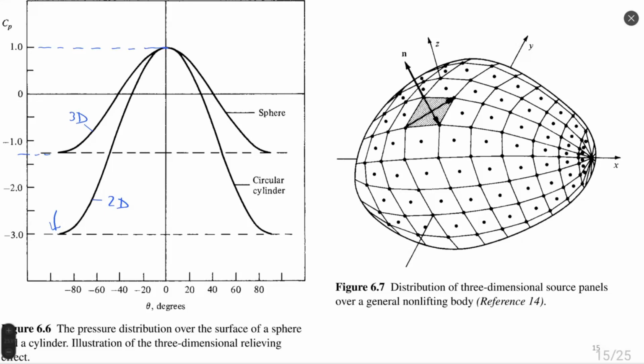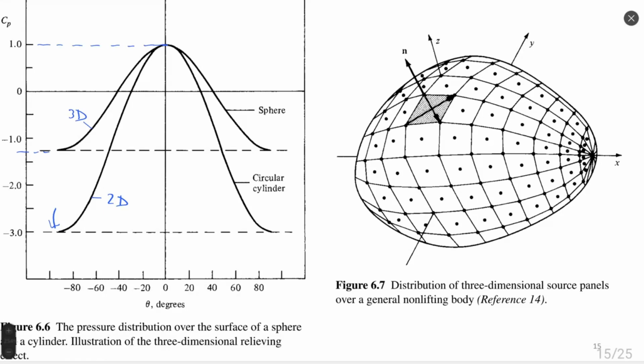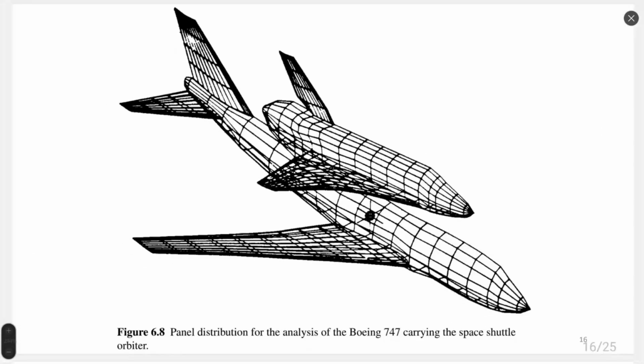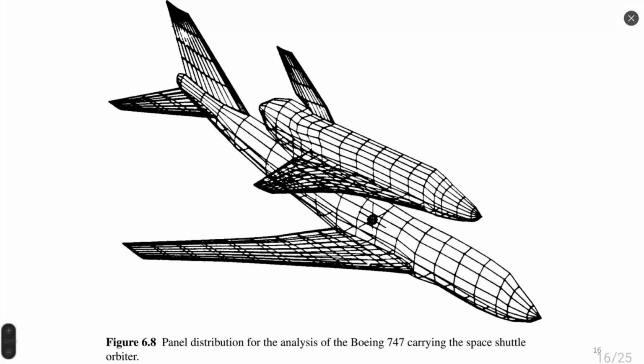This method is implemented in several software packages nowadays. It is not so much used now, but in previous years it was extremely important for development of many aerospace structures, for example, airplanes, space shuttle, other aerodynamic structures.